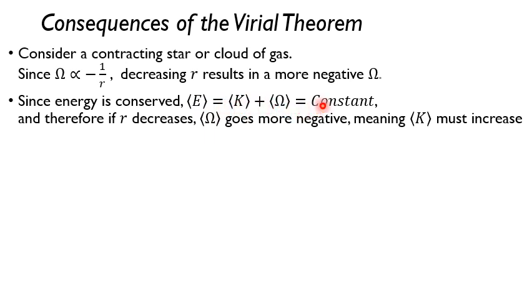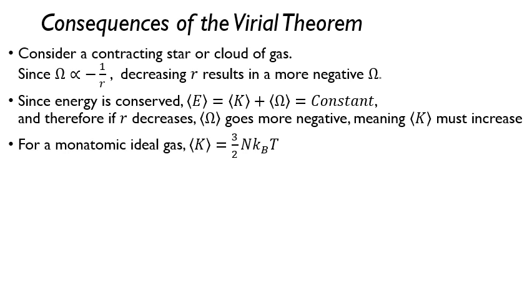The total energy is going to be equal to the average kinetic energy plus the average potential energy, and that's constant. So if our radius decreases, the potential becomes more negative. But if the potential energy becomes more negative, then the kinetic energy has to increase to compensate for that in order to maintain the same total energy because it's conserved. Now keep in mind that for a monatomic ideal gas, the kinetic energy is 3/2 NkT, right?